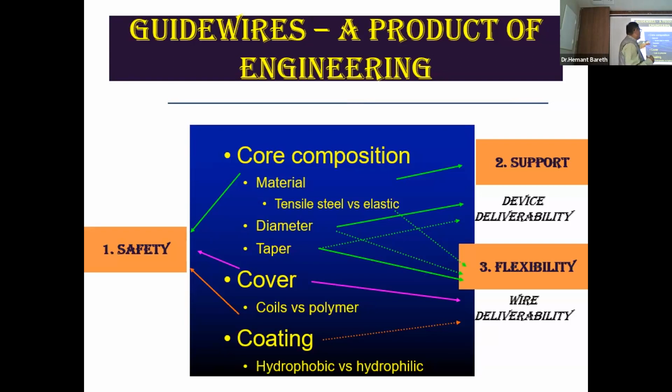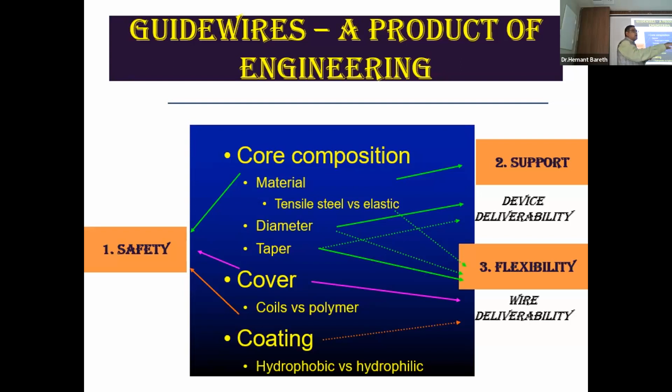Now, the importance of everything is there. The importance of material is, if it is a very stiff material or a tensile material, then you have a lot of support. But at the same time, if it is a very tensile material, then flexibility will come down. So we have to draw a balance between how much support we require, and by support we mean support to the device that you are going to put.